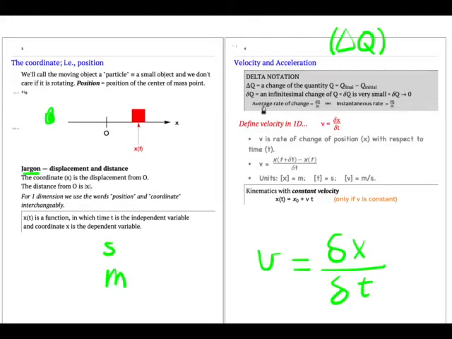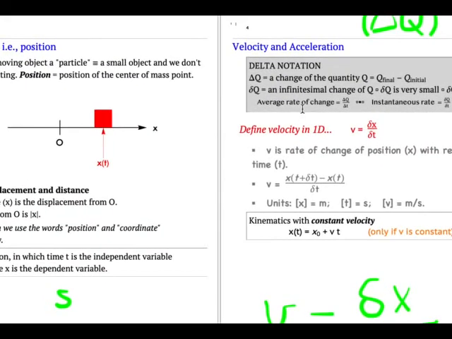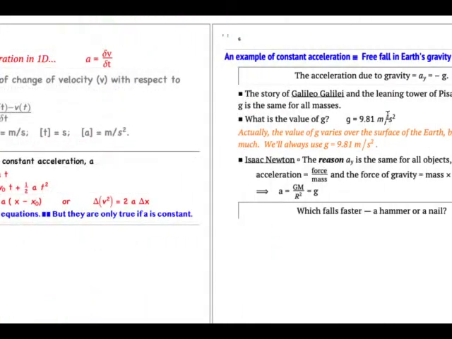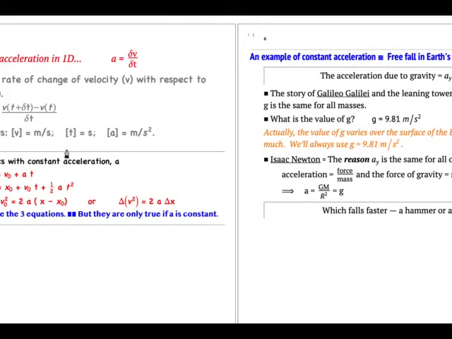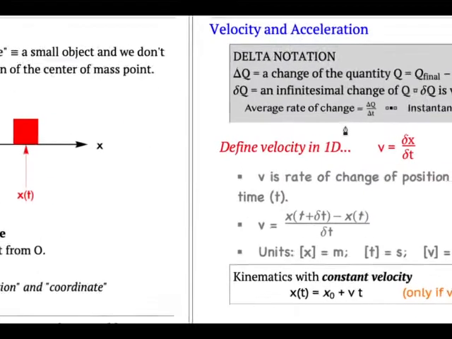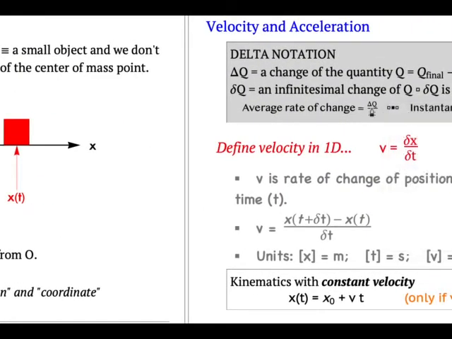Now, the average rate of change of the quantity Q over some time interval delta t, maybe I better blow this up a little bit. The average rate of change over a time interval delta t is capital delta Q over capital delta T. I have some interval of time.